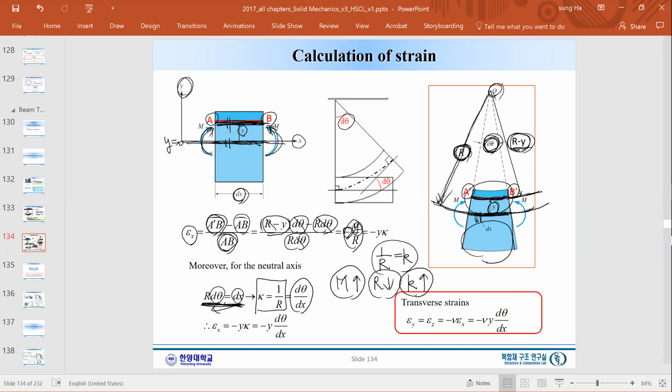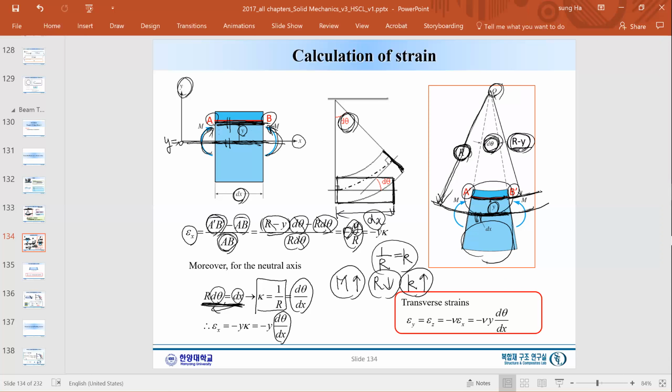This is the d theta. The original one was like that, and this one was say dx. And this one simply rotates this much, and the amount of rotation we can call d theta. So d theta over dx is the rotation. So d theta over dx is the rate of the angle change.